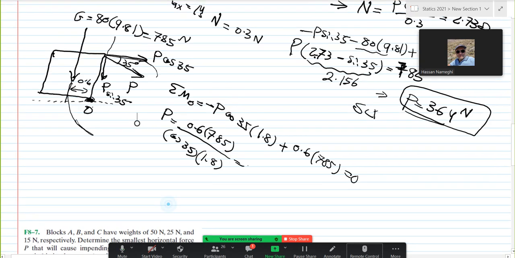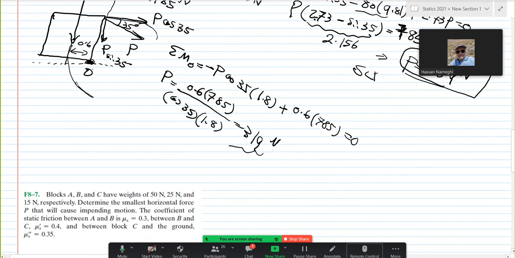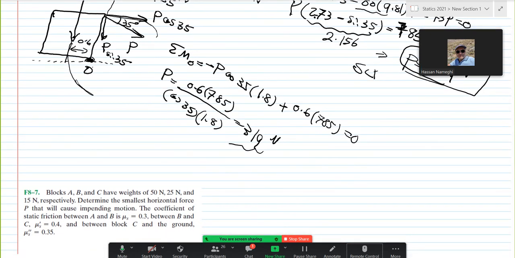So which one of these scenarios will happen? If I apply 319 Newton, it will tip over. If I apply 364 Newton, it will move to the right. Which one of these will happen first? Can anybody answer my question? Exactly, because once you reach 300, it has already tipped over. It's not going to move to the right at all.